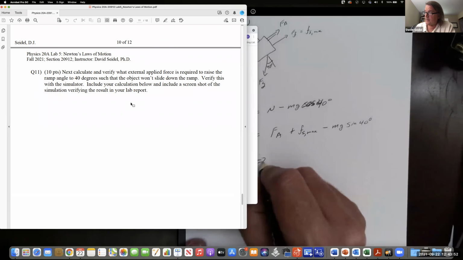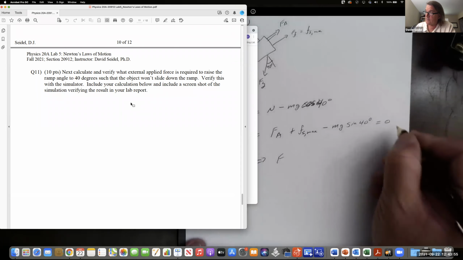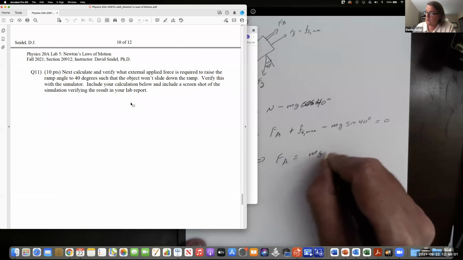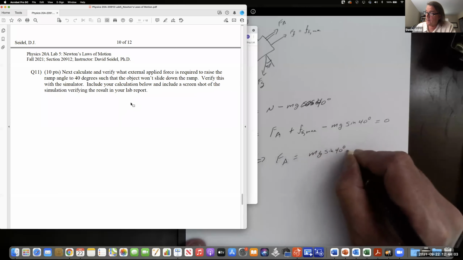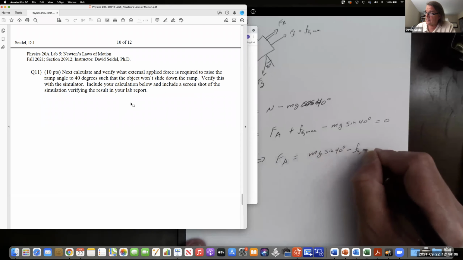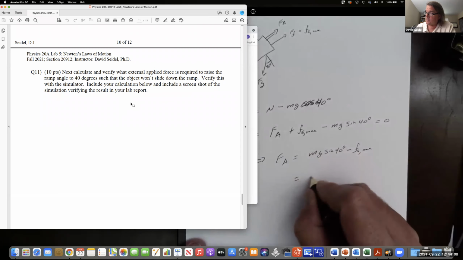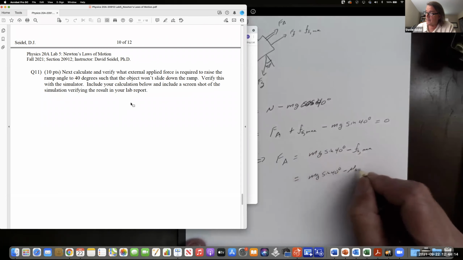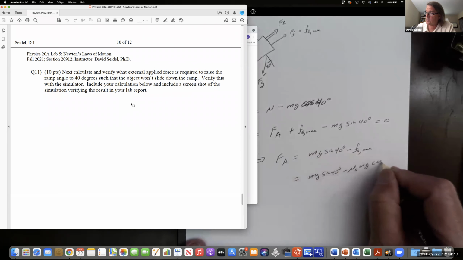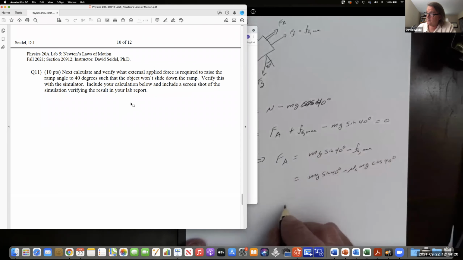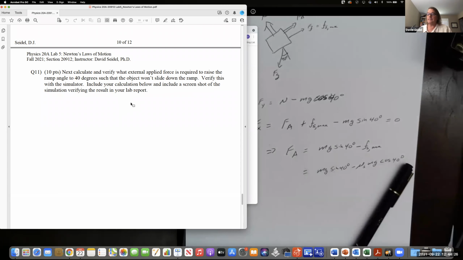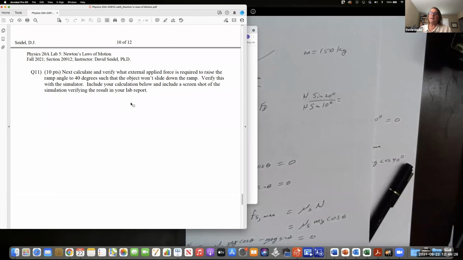This then leads to F, which we want to set equal to 0, just barely. So F applied is equal to mg sine 40 degrees minus Fs max, which is equal to mg sine 40 degrees minus mu sub s mg cosine 40 degrees. So that just says how much has to be applied to keep it from sliding down the plane.